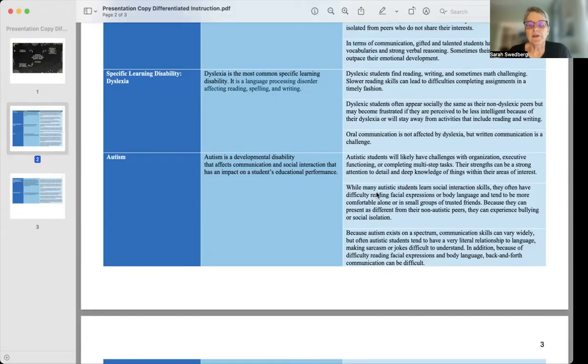Although their disabilities can differ as far as their ability to access communication, their ability to access written information or oral information, what ties them all together is the ways that they can keep students from accessing learning.